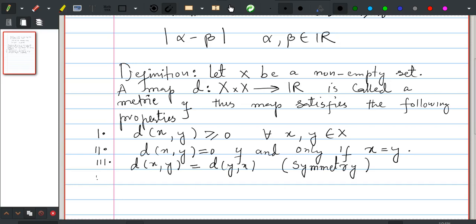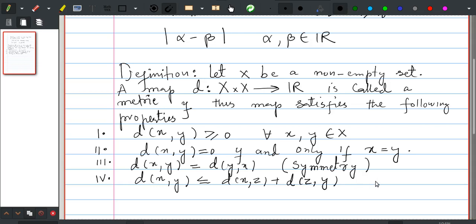And finally axiom fourth, which says that d of xy is less than or equal to d of xz plus d of zy for any x, y and z in X.